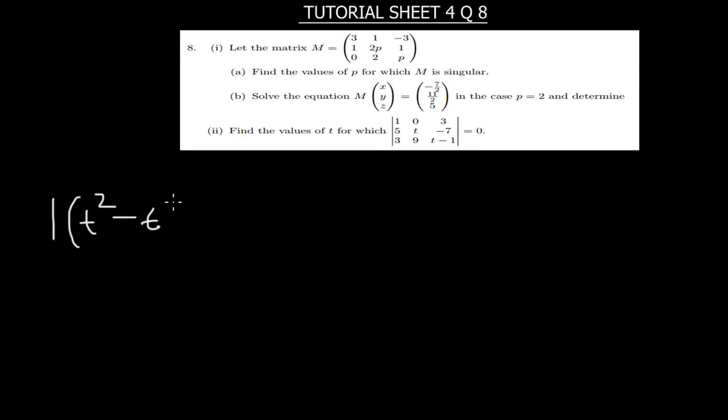And then apart from that, you are going to have minus 9 times 7. 9 times 7, you find your answer to be 63. So this is what you're going to have.